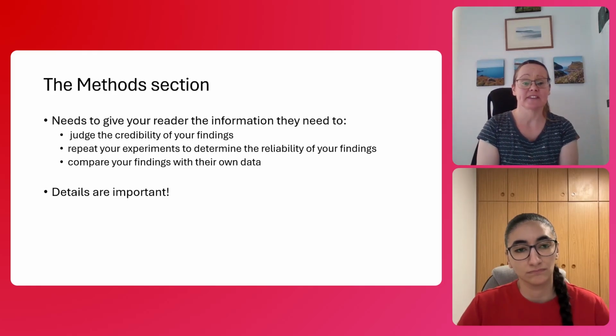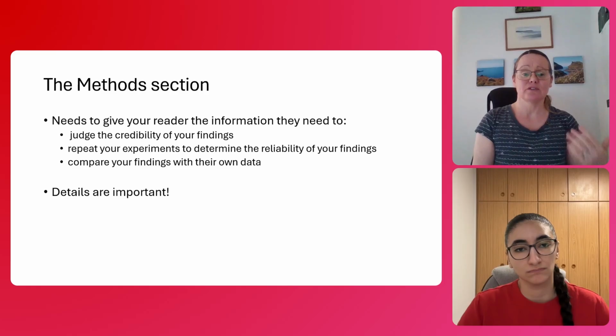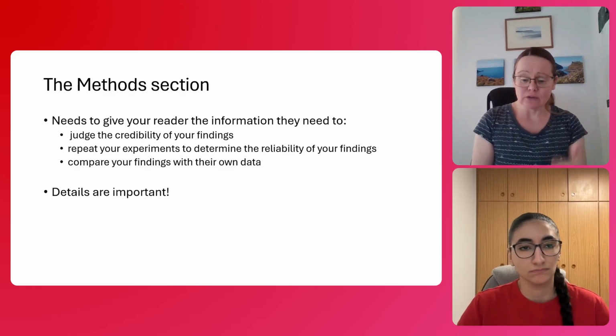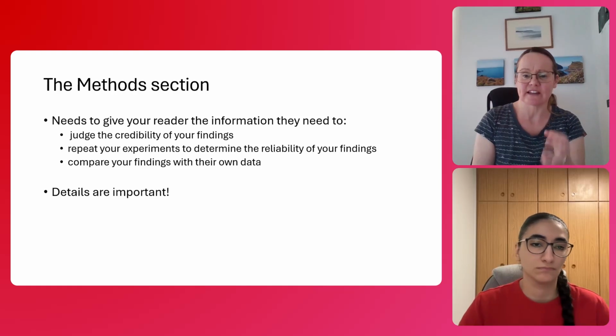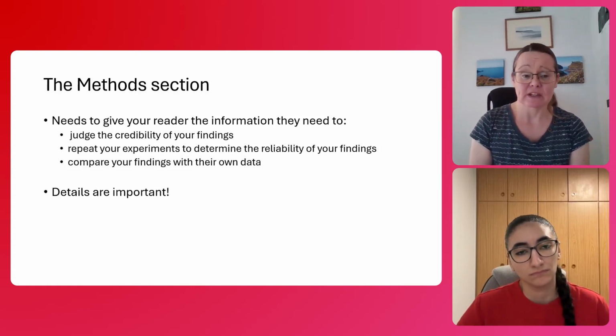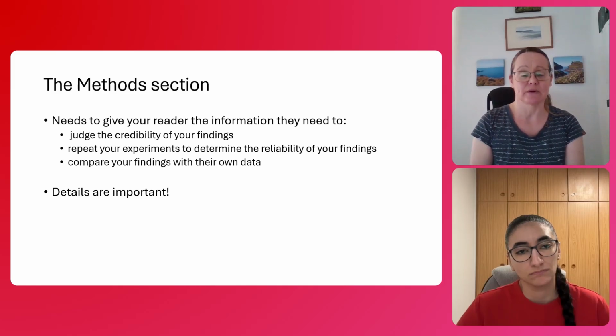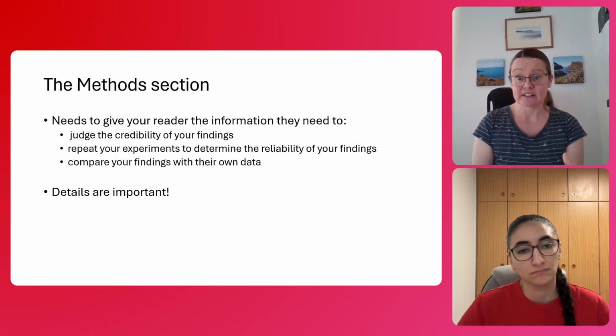Moving on to the methods section, the whole point of this section is to give the reader enough methodological information to fully understand exactly what you did. And that's important. The reader needs to know exactly what you did, for example, to judge the credibility of your findings.